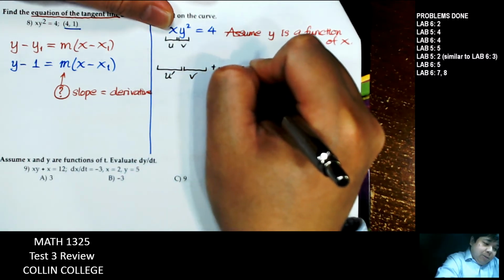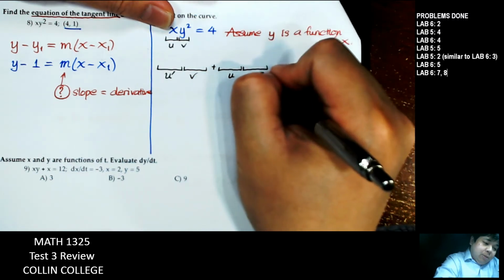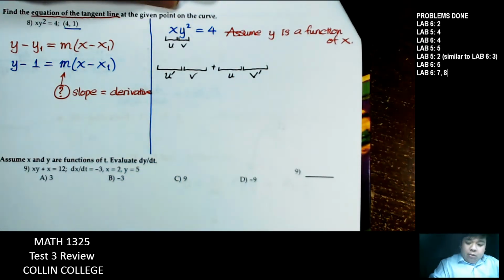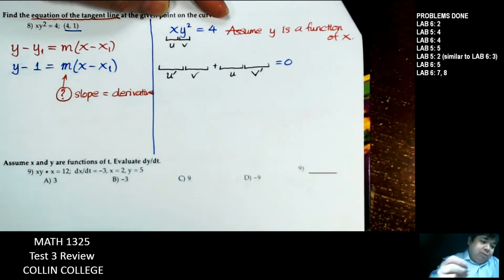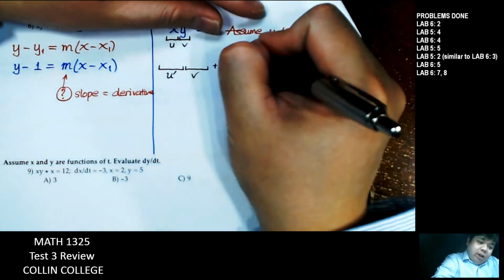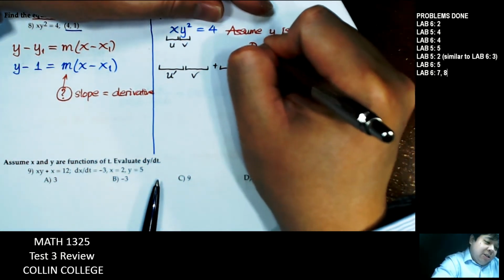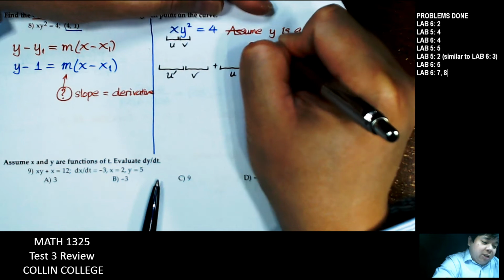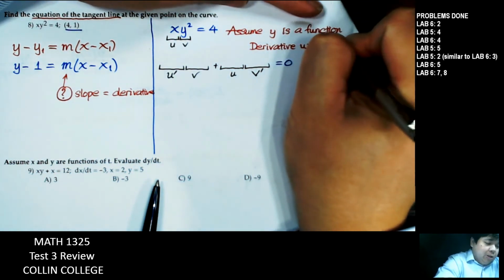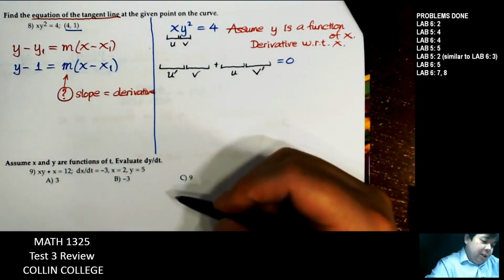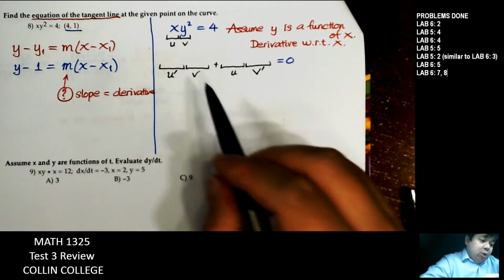So we have, this is the product, so the product rule. The derivative on that side will be 0.